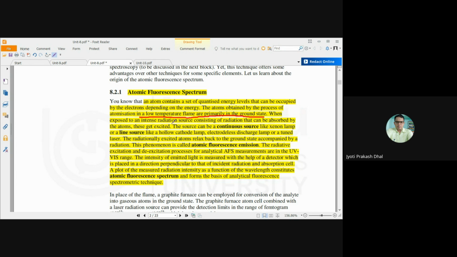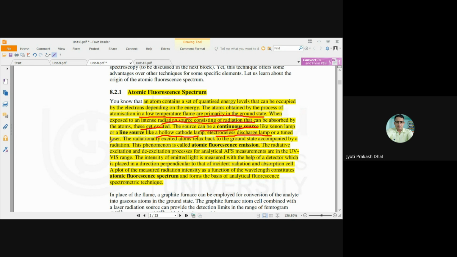Now when exposed to an intense radiation source consisting of radiation that can be absorbed by the atoms, they get excited. The source can be a continuous source like a xenon lamp, or a line source like a hollow cathode lamp, or an electrodeless discharge lamp, or a tuned laser.